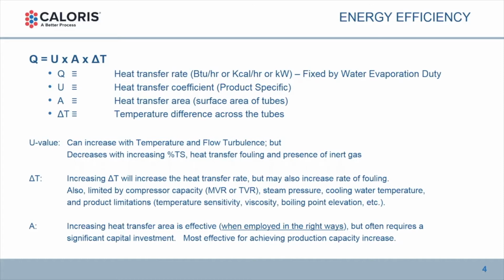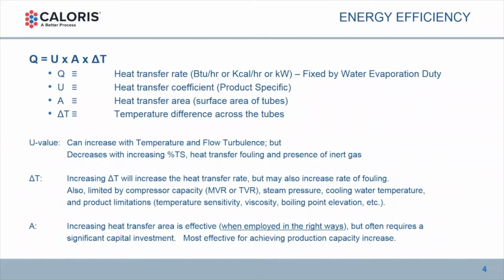Now the U coefficient is product specific. There's not a lot we can do to improve it. Some products, we get a better heat transfer coefficient when we boil at a higher temperature, or if we can improve the turbulence of flow across the heat transfer surface. But usually there's not a lot we can do there. It is a dynamic value.